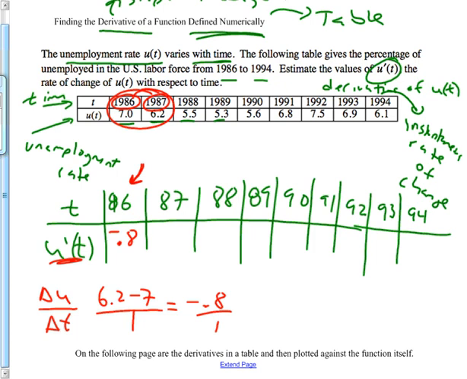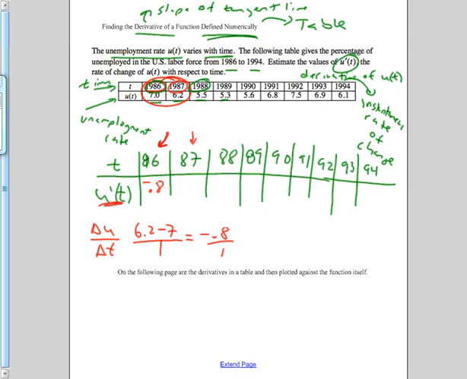Now, what about if I wanted to find the derivative in 1987? Well, here I've got a point on either side. I've got 1986 and 1988. So I'm guessing that your intuition is probably right, and that you're thinking we're going to get two slopes, and we're going to average them. So the change in u with respect to time from 86 to 87, we already calculated right up here. We know that equals negative 0.8.